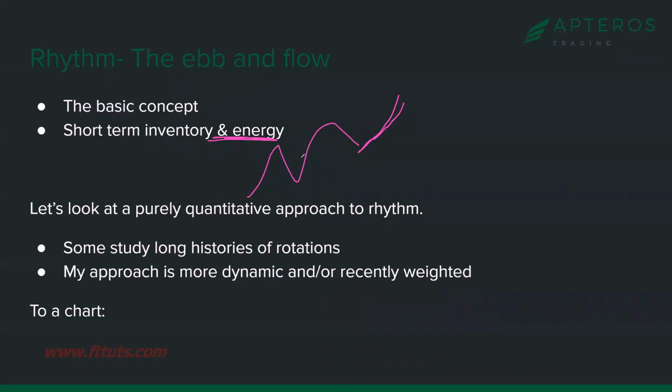Energy and inventory, right? As more people get long, once you're a buyer, you are now going forward a what? Once you've already bought, what are you? You're a seller.